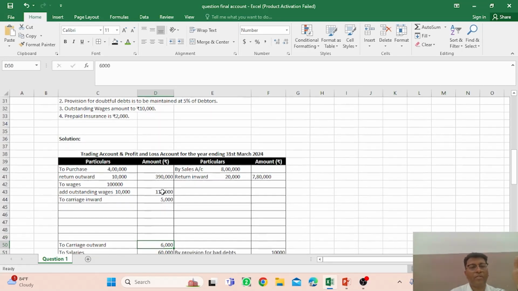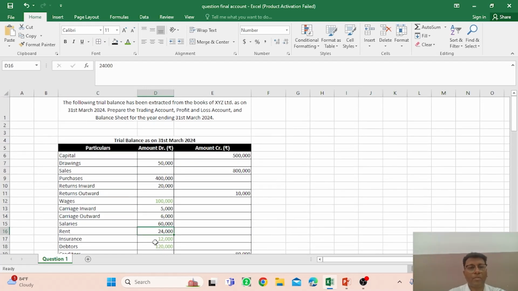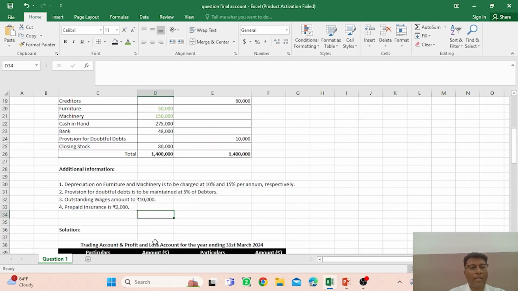So prepaid insurance, insurance 2000, then less prepaid insurance 2000, so the amount outside would be 10,000.